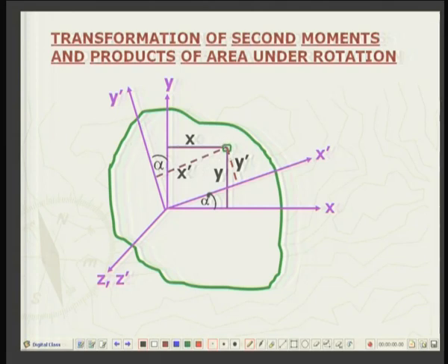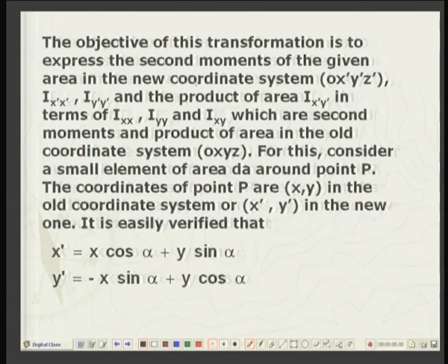Similarly, if I take y dash, I can again project it on the x axis and y axis, and we can see that the following relation will be obtained: x dash, the new x coordinate, is equal to x, the old x coordinate, times cosine of the angle of rotation alpha plus y times sine alpha. Similarly, the new y coordinate, y dash, is equal to minus x, the old x coordinate, sine alpha plus y cosine alpha.